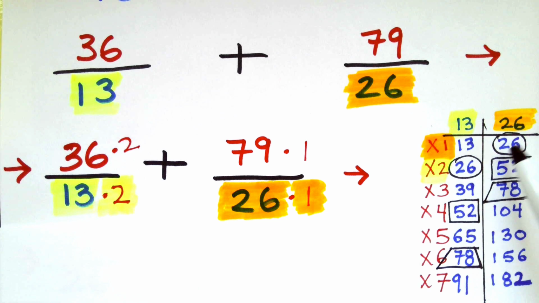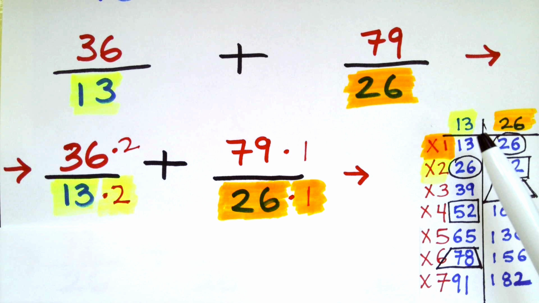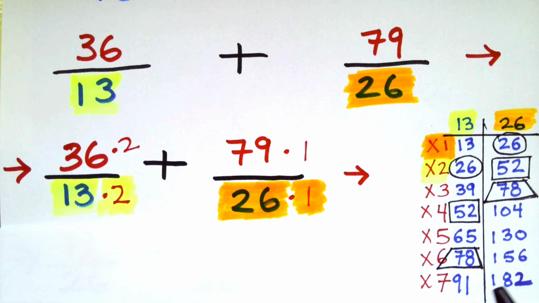I want to choose the smallest of the products. That's, again, the answer to a multiplication problem is a product. And in order to not have to reduce my answer, if I choose the common denominator to be 78, then I'll most likely have to reduce my answer.